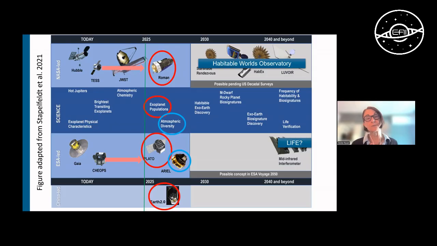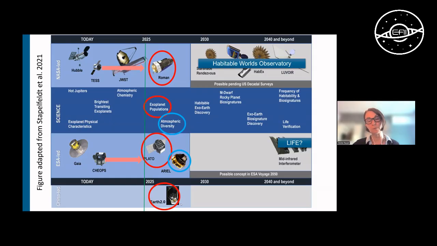The microlensing method, I've not talked about this in detail, will not give us precise planet parameters, but it will give us huge statistics, which will be very valuable for comparison to planet formation models. The Chinese Earth 2.0 satellite will also perform transiting planet searches, in a magnitude range similar to the Kepler mission.